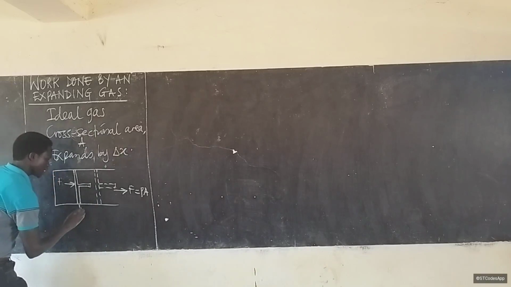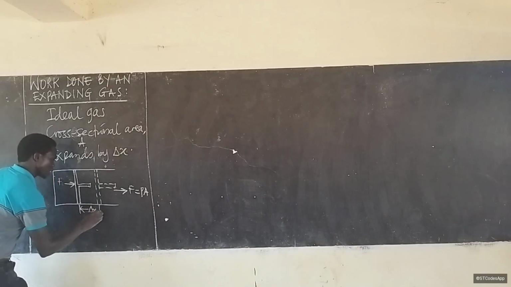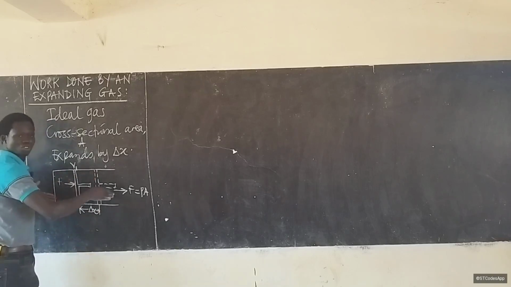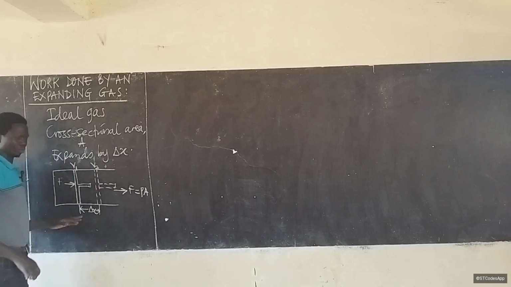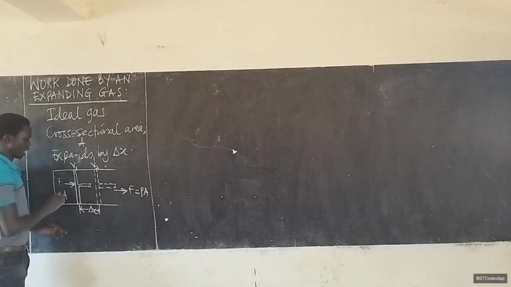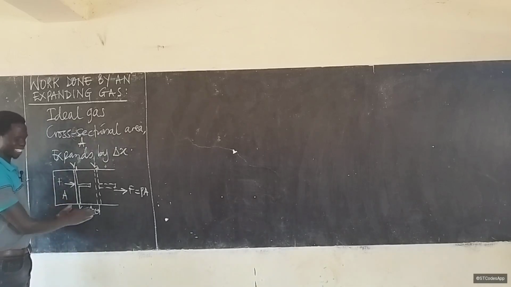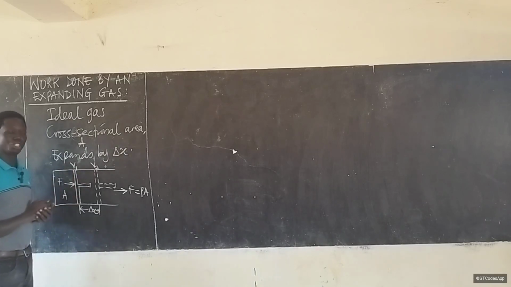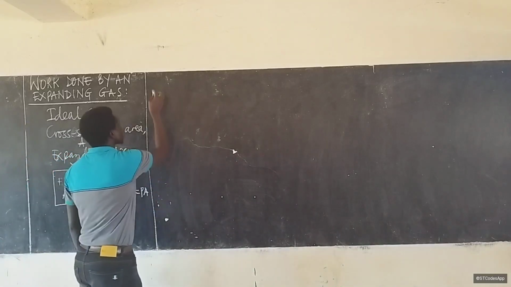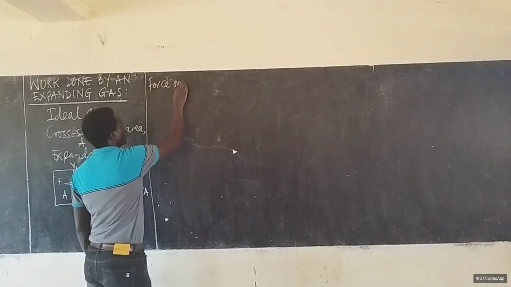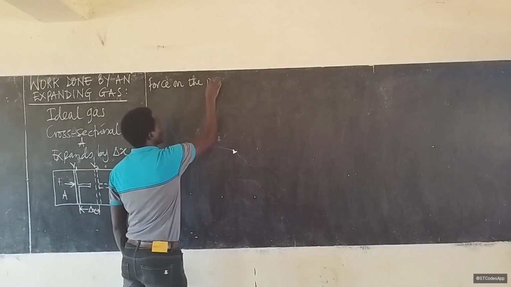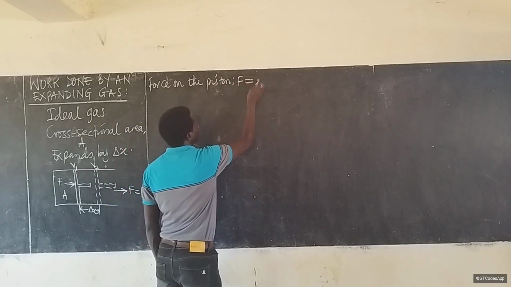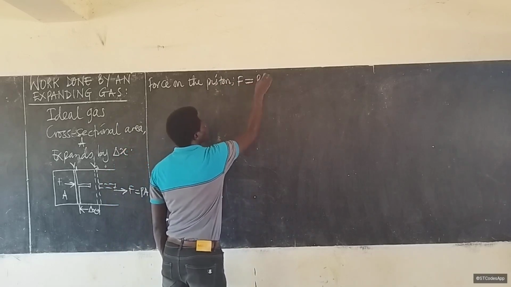So I'll have this distance becomes our change in x, and this is V1. The volume was V1, and when the piston expands, the volume becomes V2. This is cross-sectional area A. Therefore, the force on the piston is given by F equal to PA.